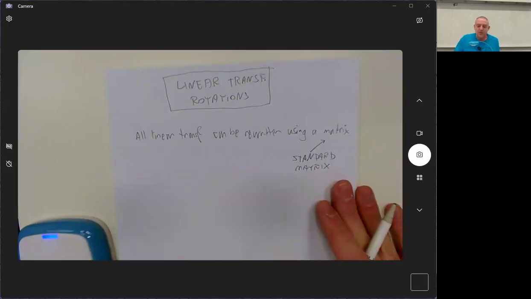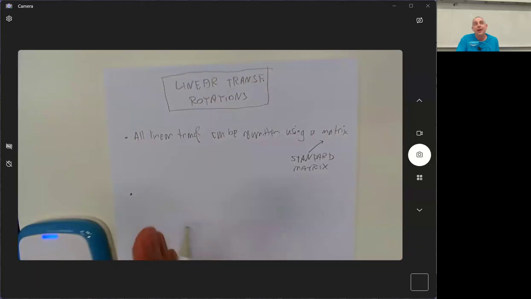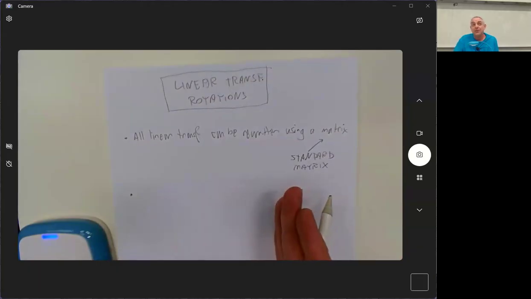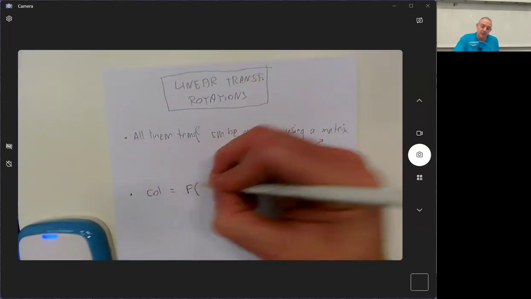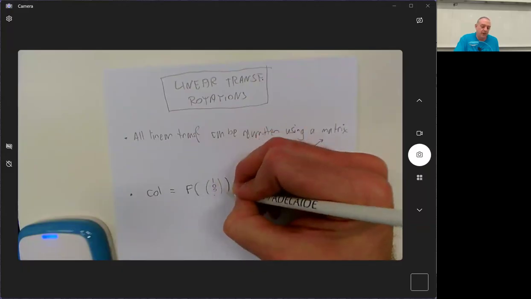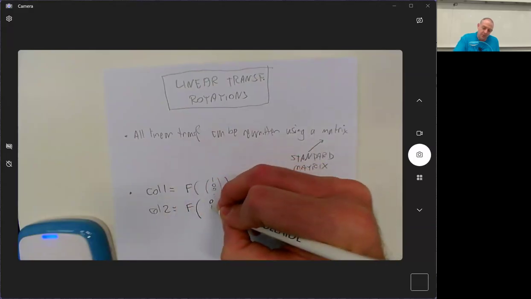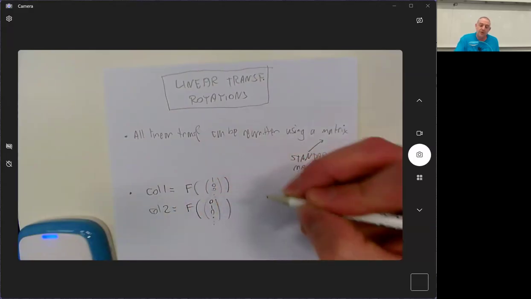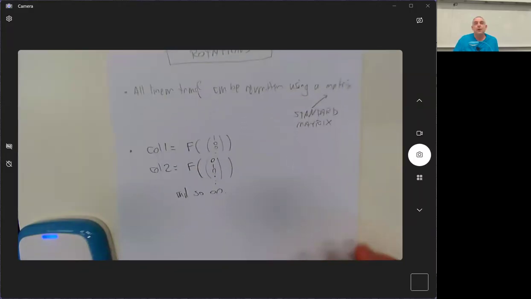So all linear transformations can be rewritten using a matrix. And the columns of that matrix are what it does to the standard basis. So column 1 is f of (1, 0, 0, etc.), and column 2 is f of (0, 1, 0, etc.), and so on.